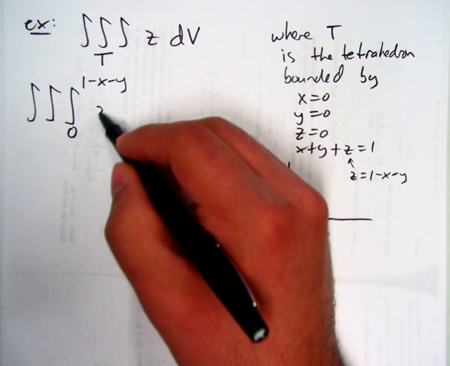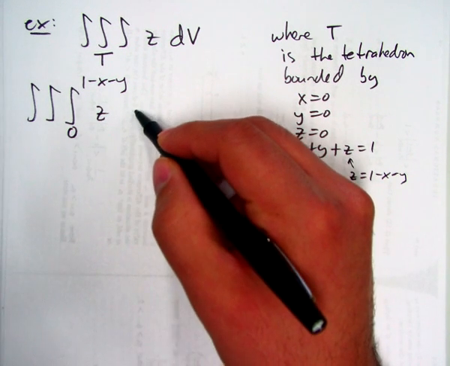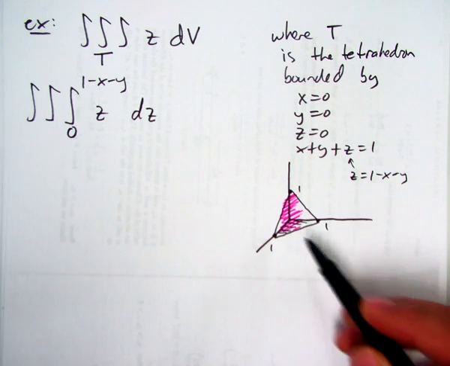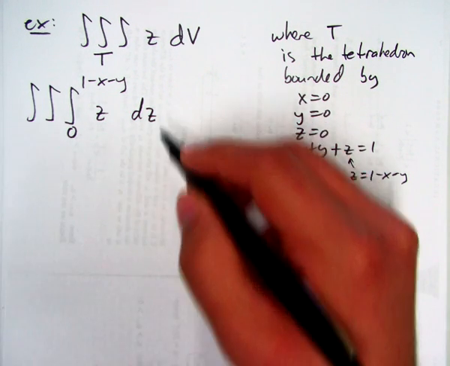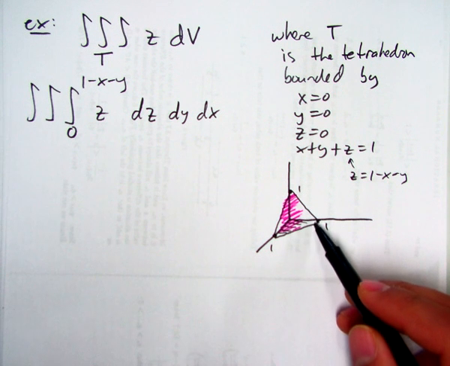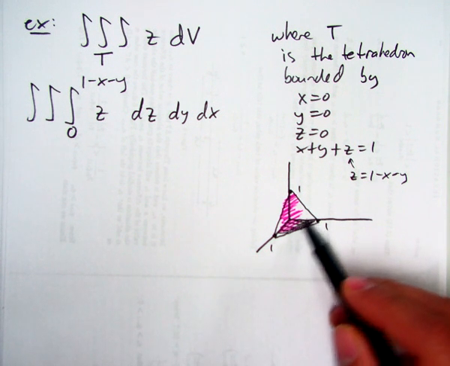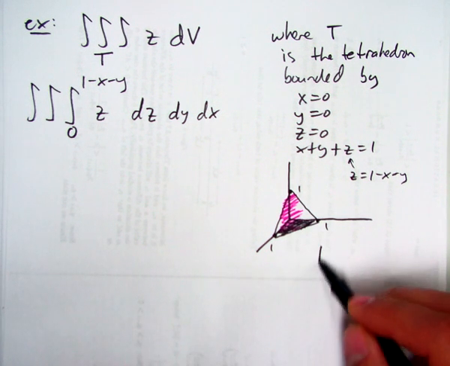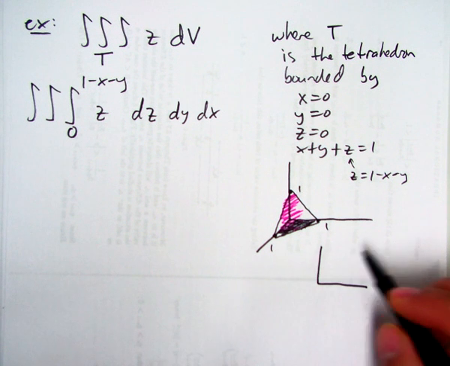So z dz. And now if I'm looking to go dy dx, which I think is okay in this sense, here's R. If you can't see it from that picture, draw it in the normal 2 dimensions.